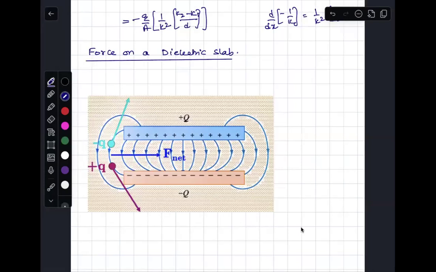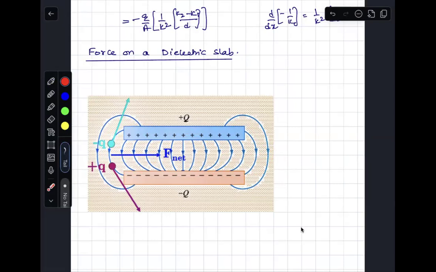Yes, it is uniform undoubtedly when you are going deep into the capacitor, almost somewhere over here. But as you go away from the center, in this direction or in this direction, fields are not uniform. They are curved. Such fields are called fringed fields.